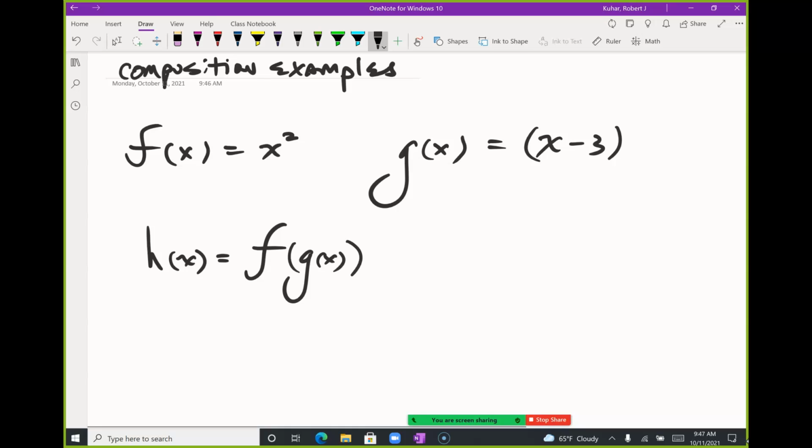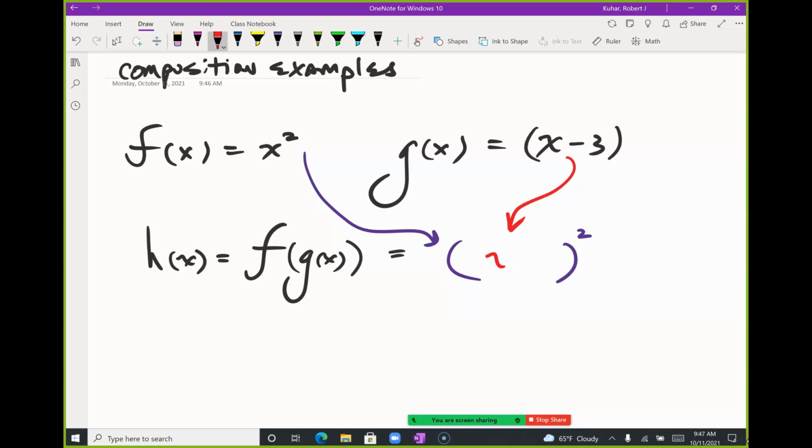And remember, whenever you see that f composed of g, I'm writing it this way. I think it's a lot easier to understand. What I like to do is I like to write my outside function first. What is my outside function? F. Yes, good. So x squared with empty parens. And then what am I putting in, right? So you can see my outside function, and what am I putting into that?